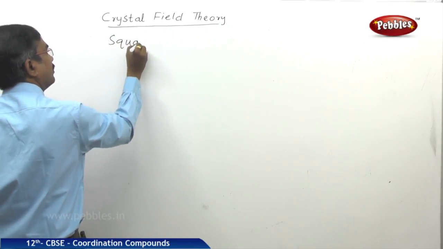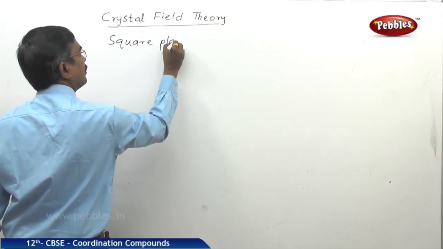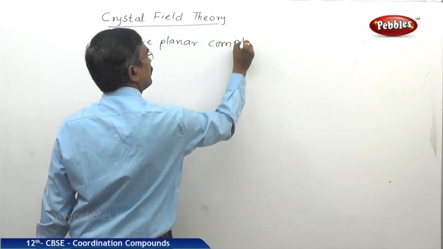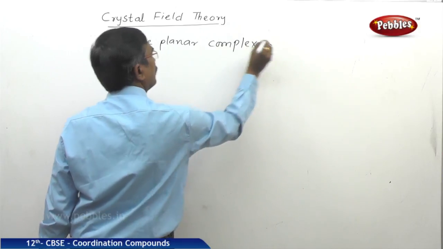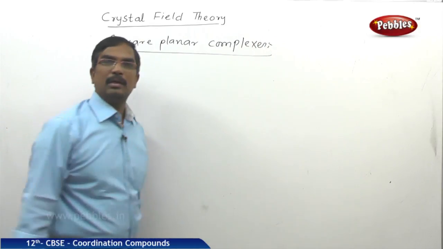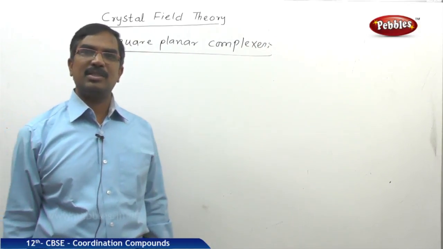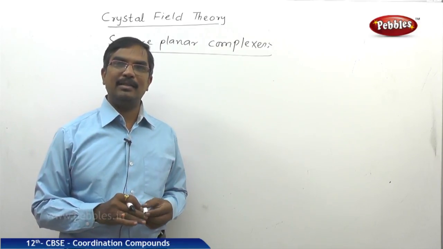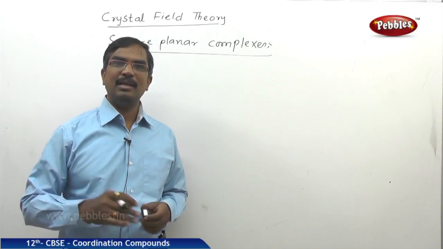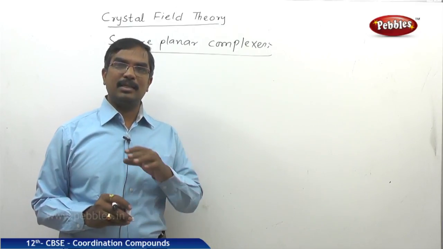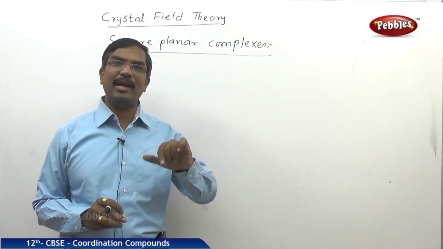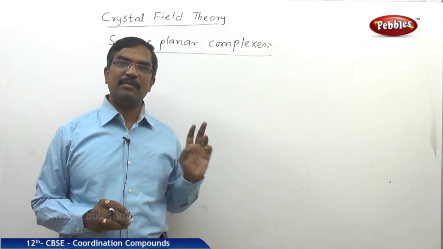In order to understand this, let us remove one ligand along the z-axis. That means the z-axis is not having any ligands, unlike the case of octahedral. So we have seen the case of octahedral.